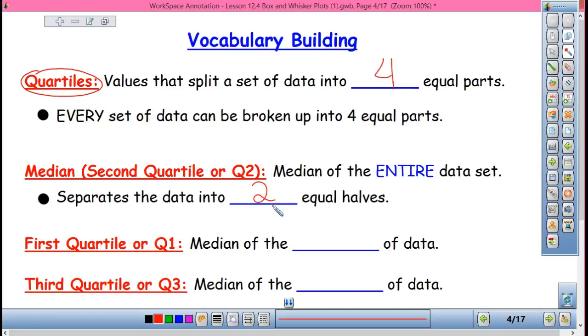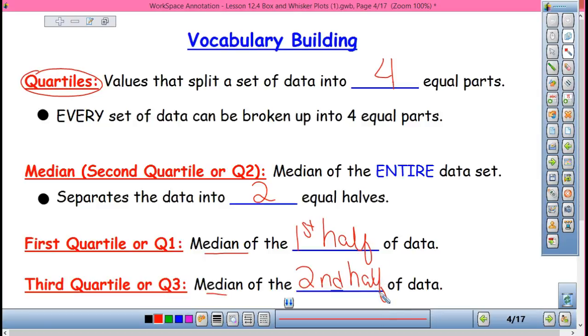Okay, then what I'm going to do is take the first half of my data and find quartile 1, which is just the median of the first half of my data. Okay, and my quartile 3 is going to be the median of the second half of my data.